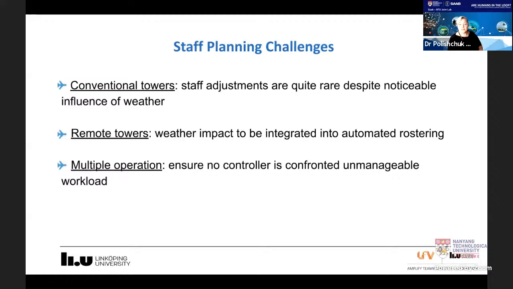So concerning staff planning, what we learned is that in conventional towers, staff adjustments actually never happen due to weather predictions, which should not be the case in remote towers. And we think this question is very urgent to be addressed, as we can end up with some overload or unmanageable workload for controllers who work in multiple operations, who will have some problems with the weather at one airport. And even if another airport is not experiencing bad weather, the controller needs all his attention on the one with the bad weather.